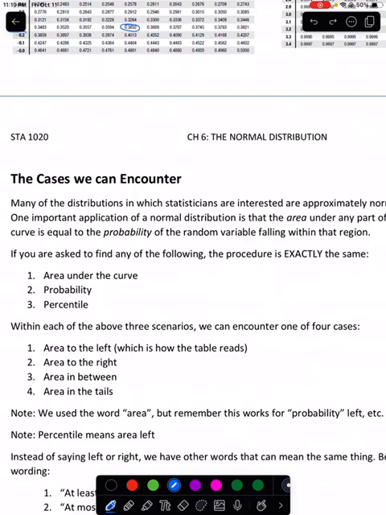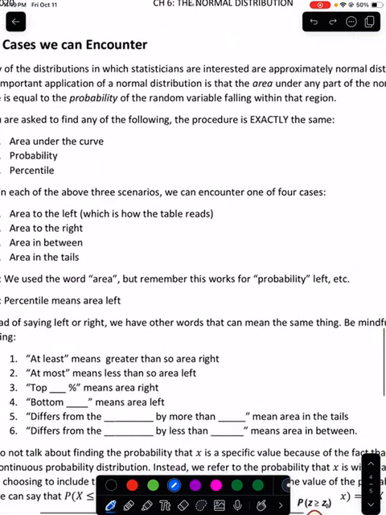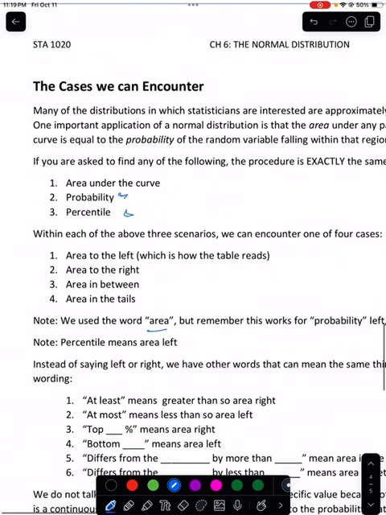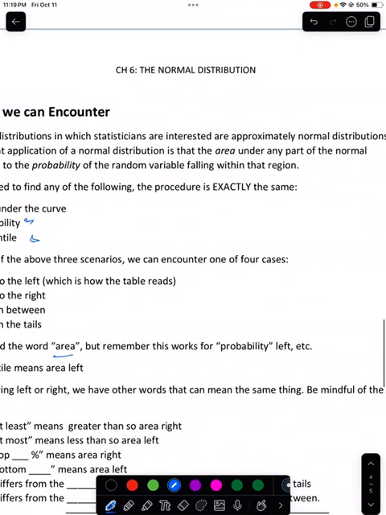Note here that I'm saying area, but as we have mentioned before, it could be probability, it could be percentiles. So it could be that the question says find the probability that a random variable is less than some z value.